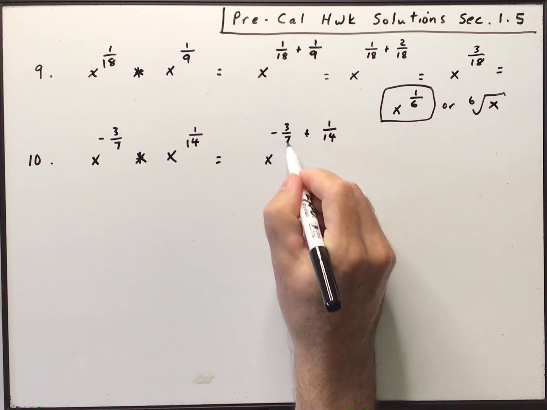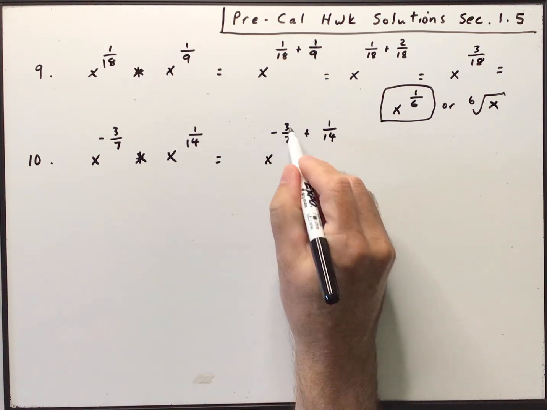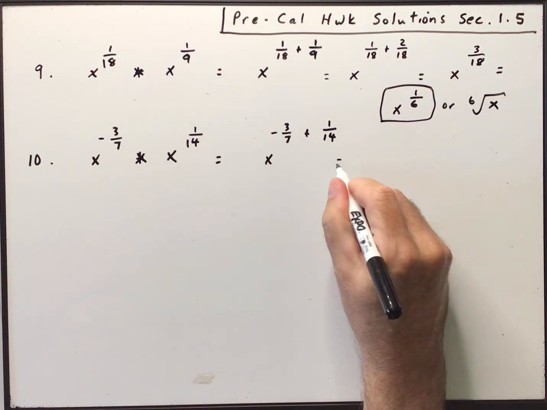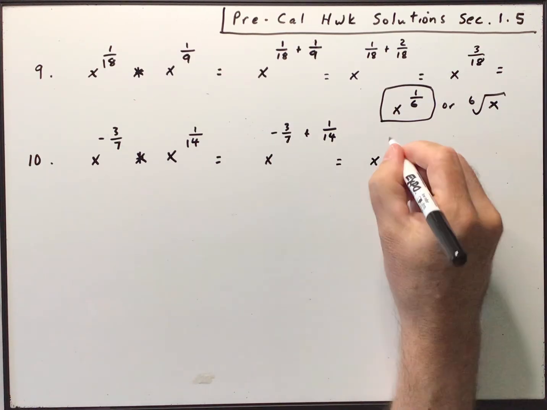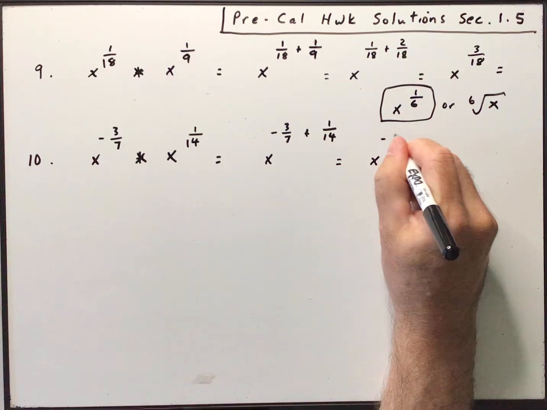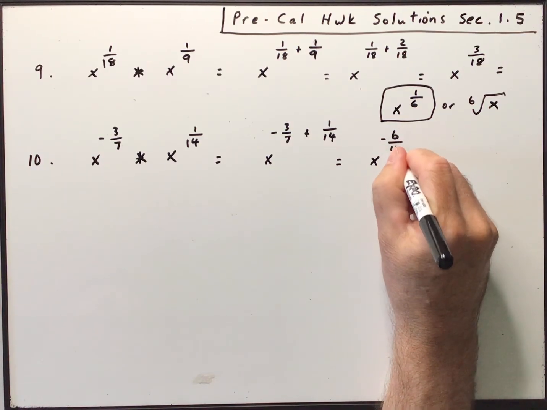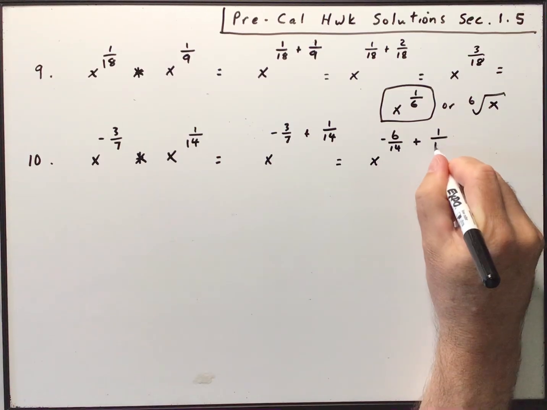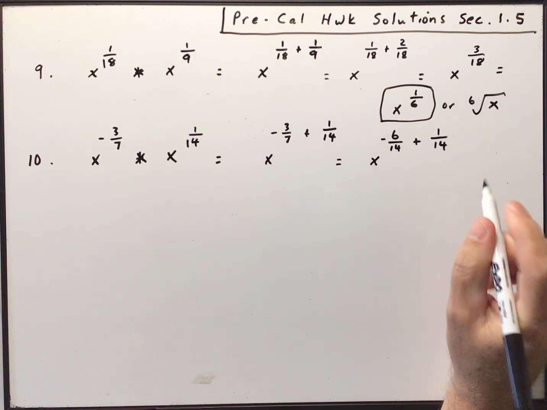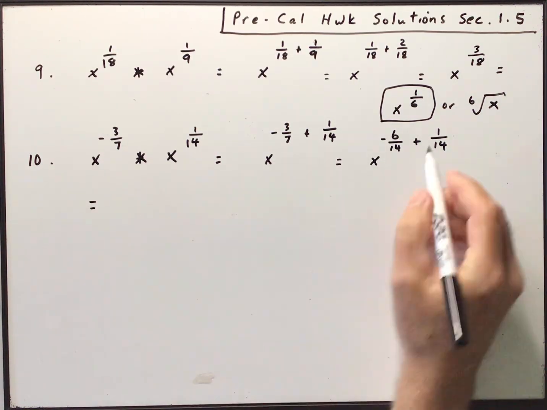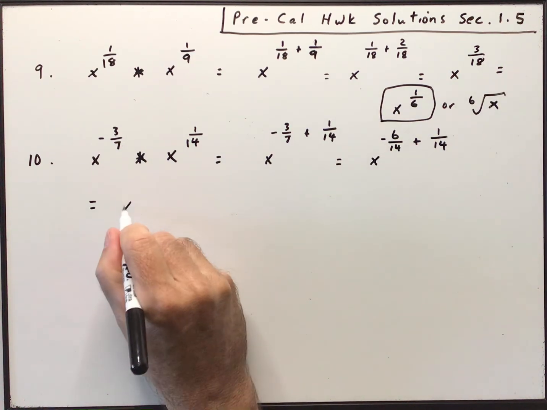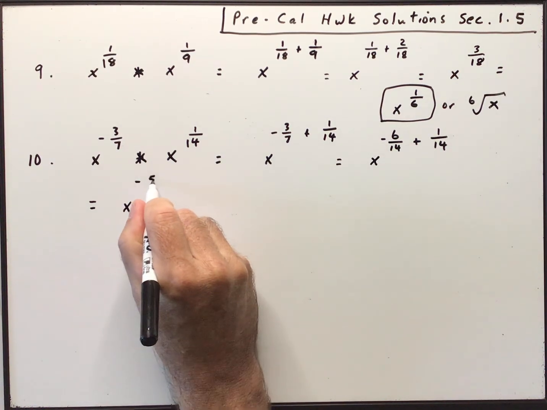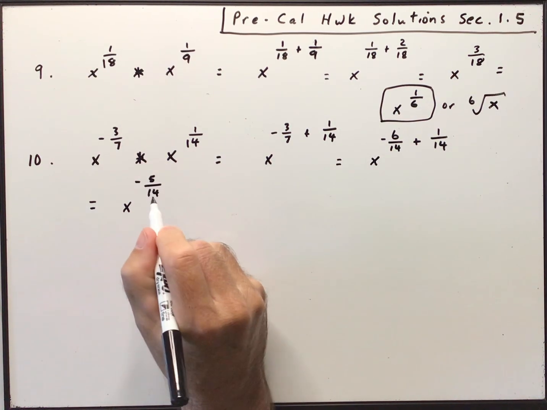So I need to get that 3/7 into 14ths, so I can multiply that by 2 over 2. So that's x to the minus 6 over 14 plus 1 over 14. Okay, now we can add. That's going to be x to the minus 5 over 14.